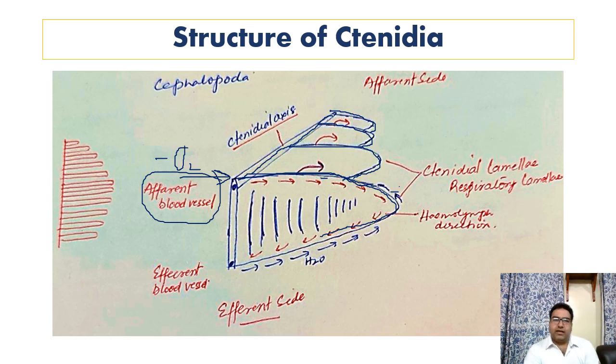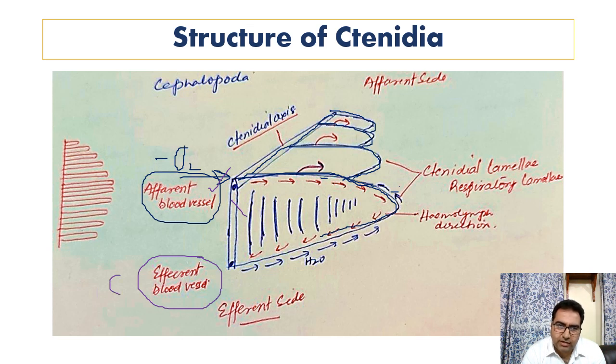Now again, what we are seeing here is that the blood comes in from the afferent blood vessel and leaves by the efferent blood vessel after oxygenation.